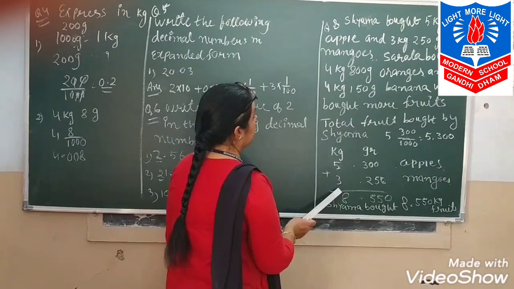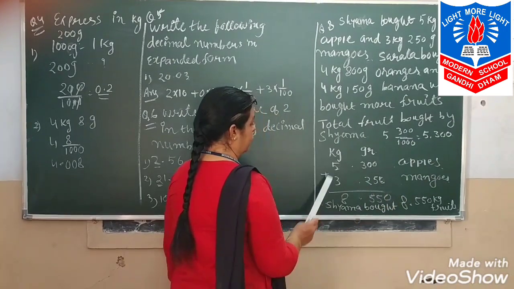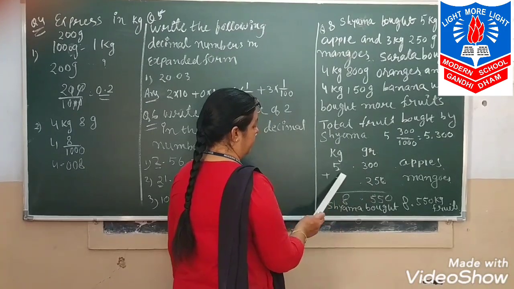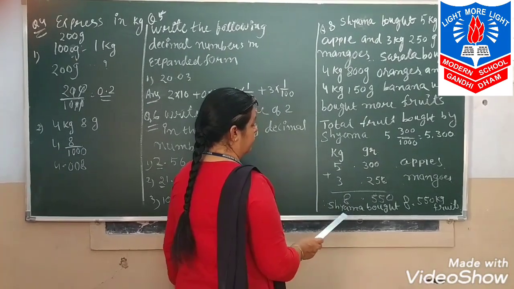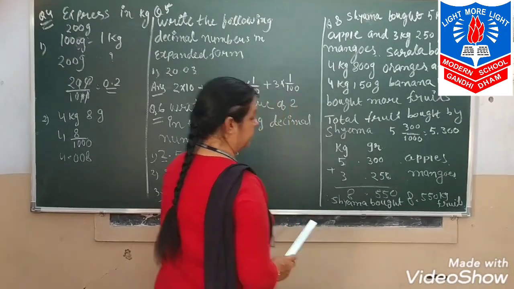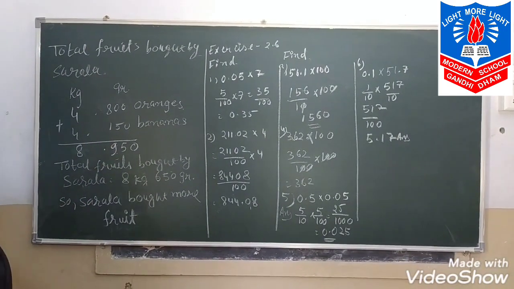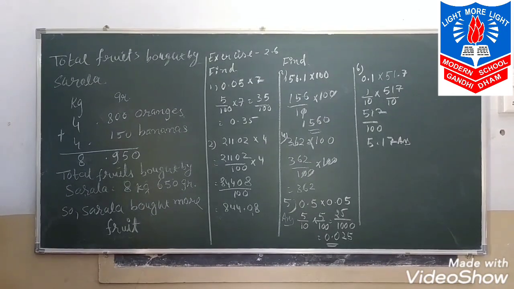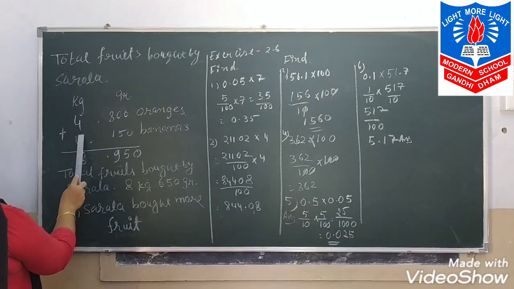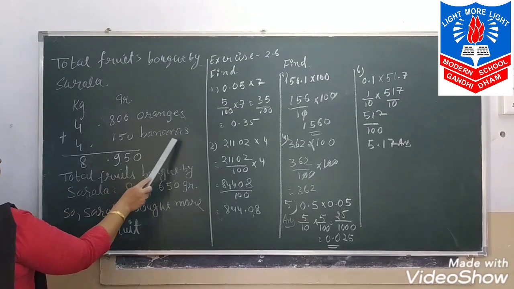Here 3 kg and 250 gram mangoes. So total fruit Shyama bought: 0, 5, 3 plus 2, 5, 5 plus 3, 8. So total fruit Shyama bought is 8 kg 550 gram. Total fruit bought by Sarla in kg and gram: 4 kg 800 gram oranges, 4 kg 150 gram bananas.